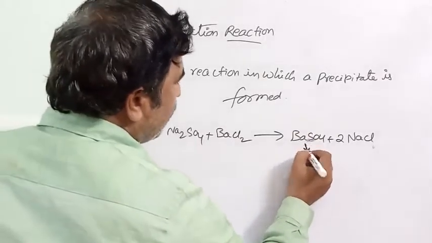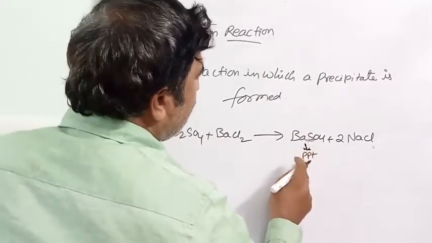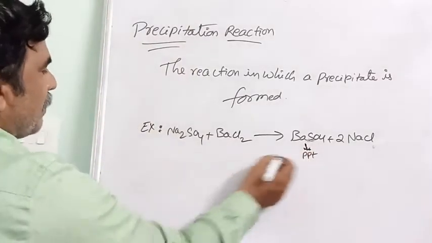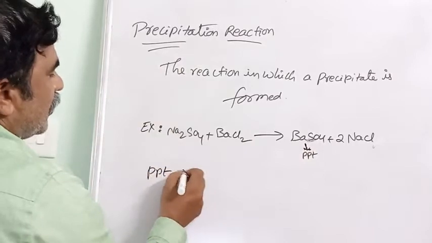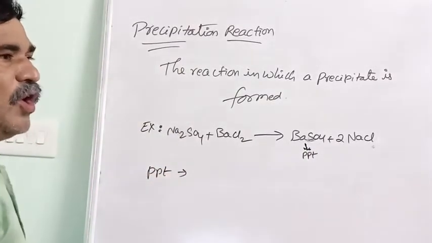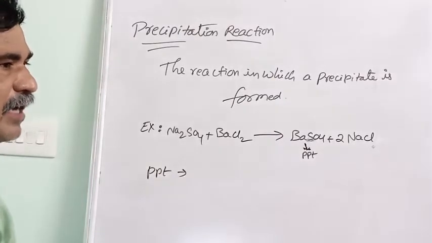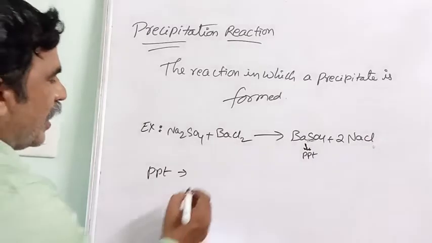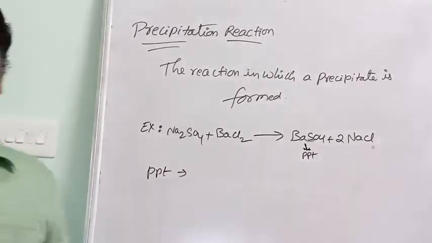This barium sulfate is a precipitate, therefore it is named a precipitation reaction. A precipitate is a state between solid and liquid. We know the solid state and the liquid state. Between solid and liquid, a semi-solid state is known as the precipitate state.